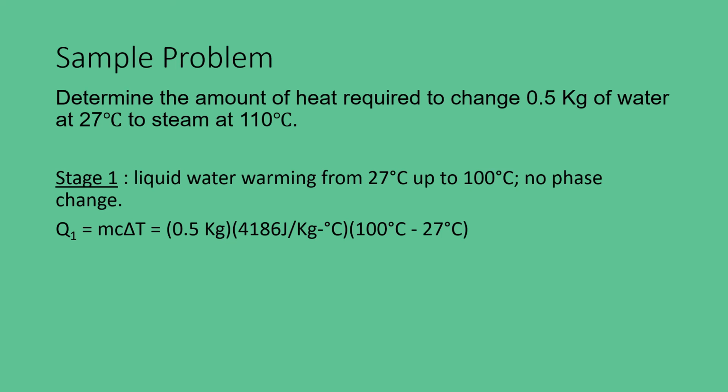So we have 0.5 kilograms times the specific heat of water in the liquid phase, 4,186 joules per kilogram degree Celsius, times the change of temperature, where the final temperature here will be 100 degrees Celsius minus 27 degrees Celsius.